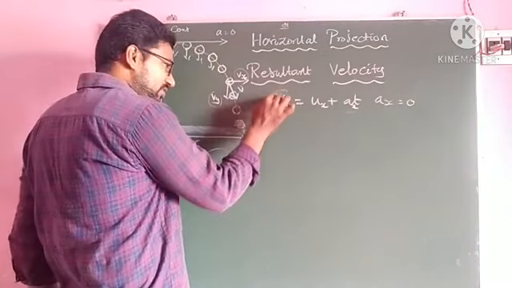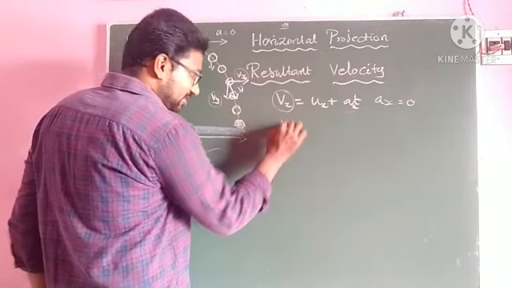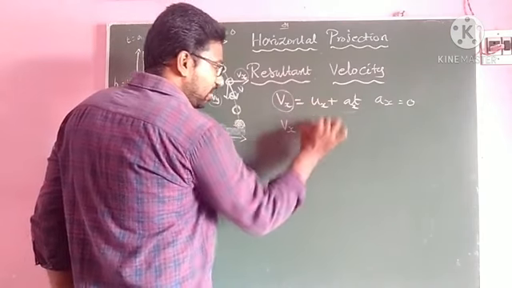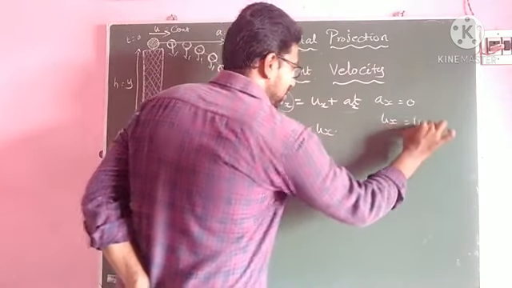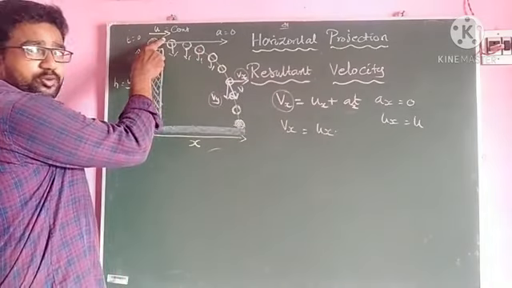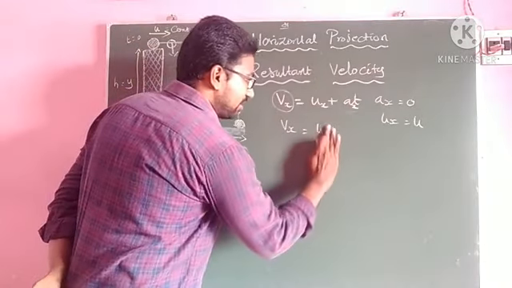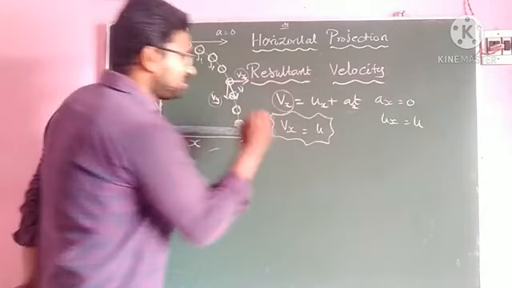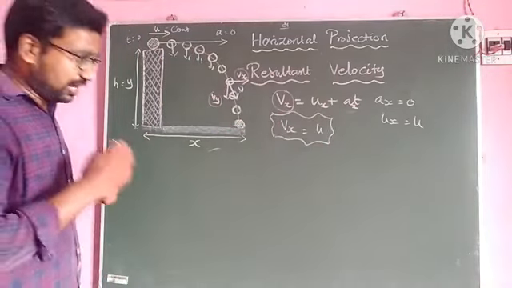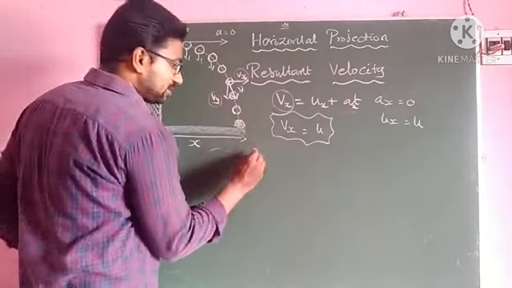So what is the final velocity? Vx is equal to ux, and ux can be taken as u, the initial velocity given for the projectile. So Vx is equal to u alone. And then what is the vertical velocity Vy? Again I am going to use the first equation.